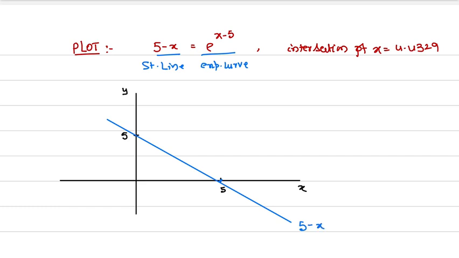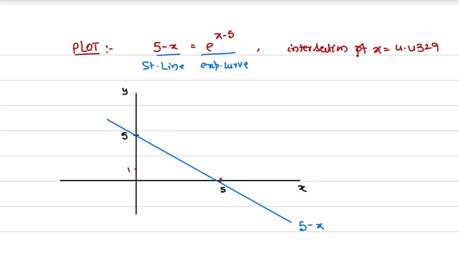And the second one is e to the power of x minus 5. When x is equal to 5, it will become e to the power of 0, that is equal to 1. That means when x is equal to 5, this will be 1.